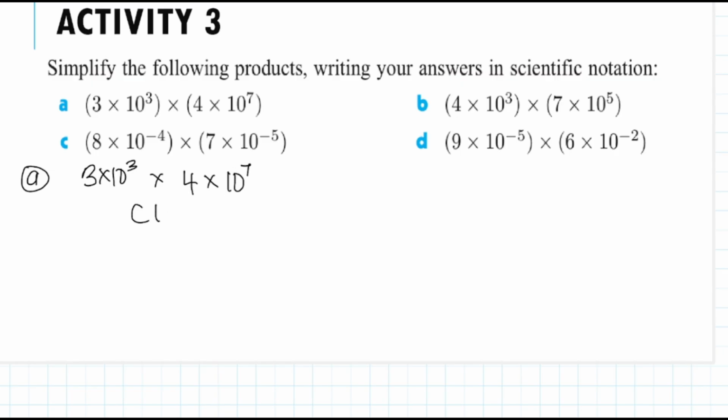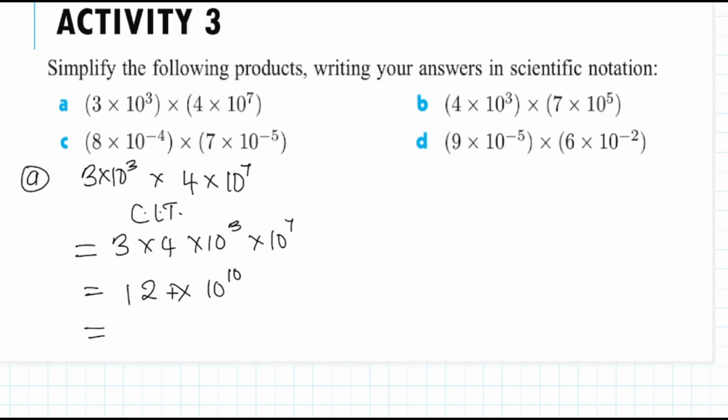When you are dealing with standard form, we can also collect like terms. Okay, so if you collect like terms here, we have 3 times 4 times 10 raised to power 3 times 10 raised to power 7. So 3 times 4 is 12. Use the law of indices here. 3 plus 7, that will be 10. 10 raised to power 10. So if you can see, this answer is not in standard form, so it is not our final answer yet.